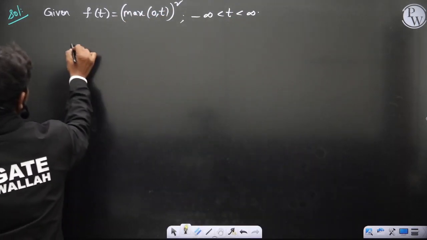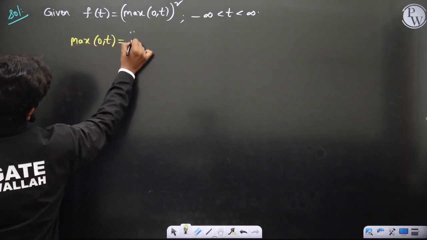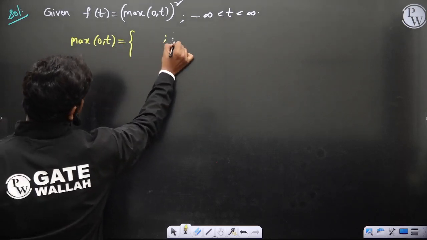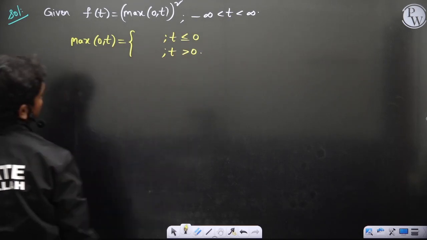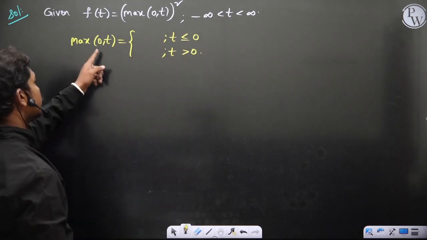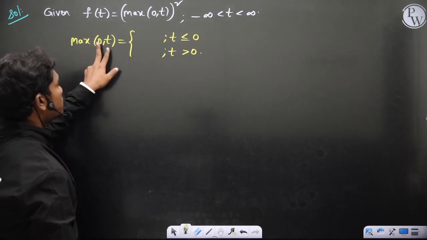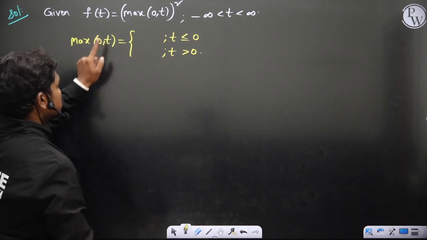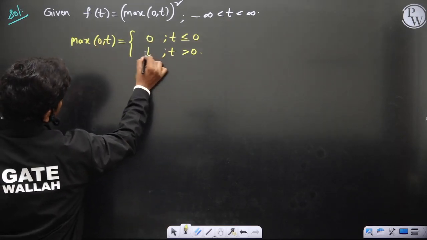What does the maximum of 0 comma t give you? Whenever t is less than or equal to 0, the maximum of these two is 0, because if t is negative, the maximum of 0 and a negative number is always 0. And if t is positive, then t is the maximum.